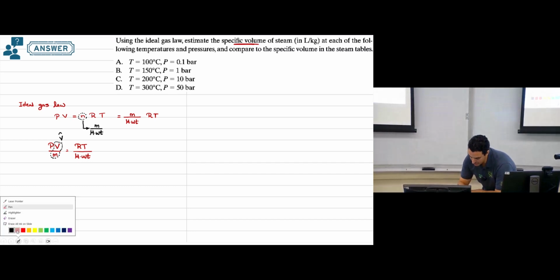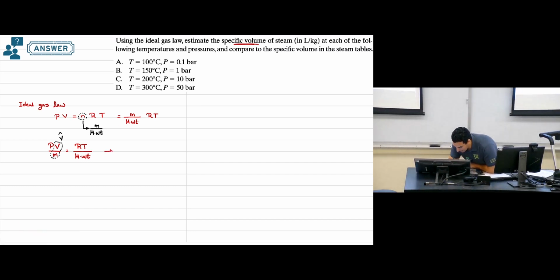So the equation is pressure times specific volume equals RT divided by molecular weight. Or in other words, the specific volume, the property that I need to calculate, is RT over pressure times molecular weight.